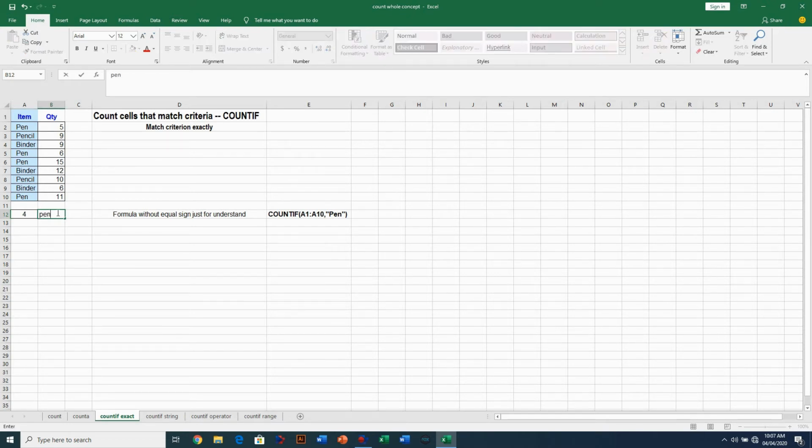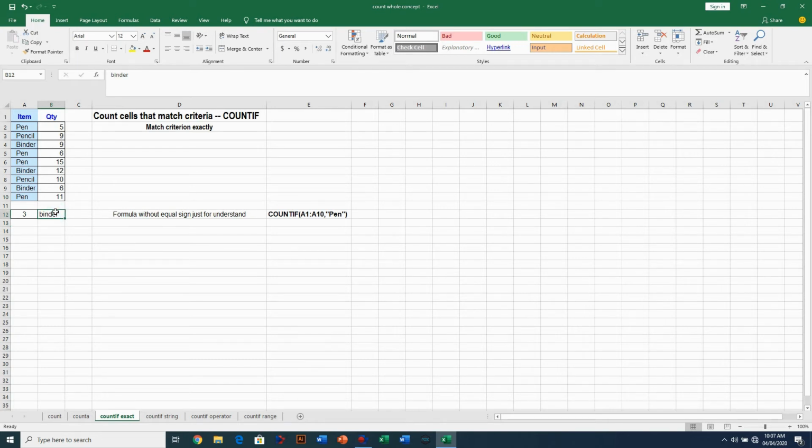I can also write the criteria in another box. Like I write pen here, changing the formula. Instead of writing pen, I'm just selecting the box. So if I write binder here, it counts binder.